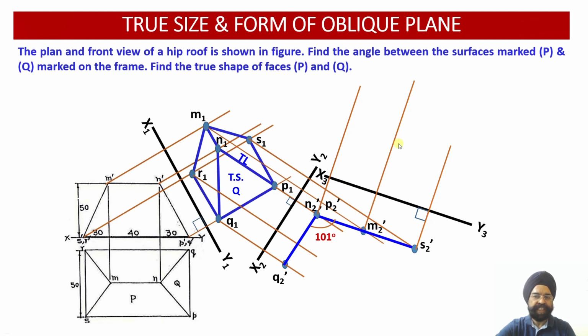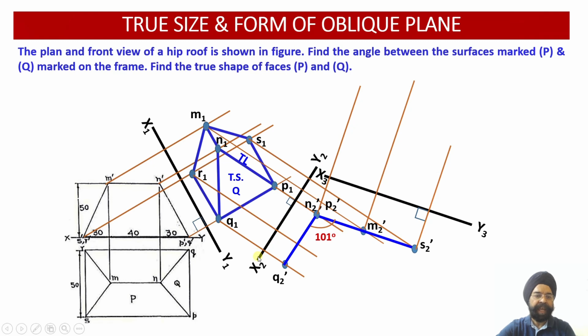Since the next view is plan, that is, the auxiliary plan is to be drawn, I have to draw distances of the plan from the second auxiliary plane. So my second intermediate auxiliary plane is x2, y2. Please check. Now from here, I will measure the 4 distances.